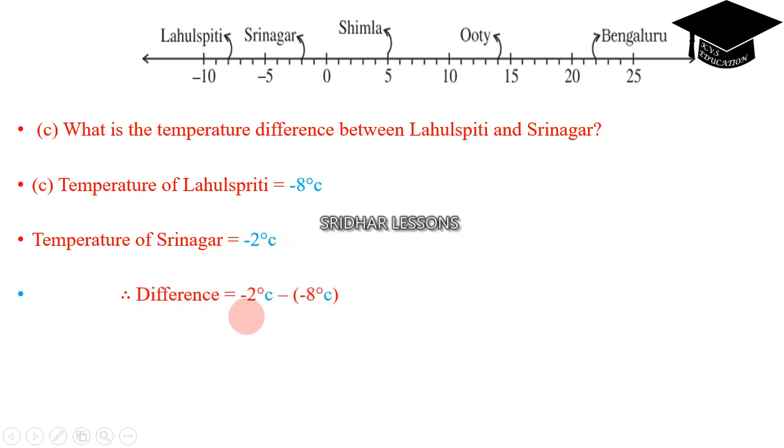Therefore, the difference is -2 minus of -8 degrees centigrade. Minus into minus is plus. So -2 plus 8 degrees centigrade, that is 6 degrees centigrade. This is the difference between Lahaul Spiti and Srinagar.